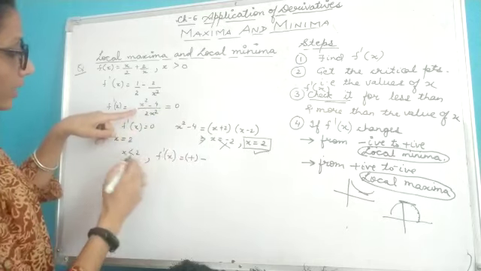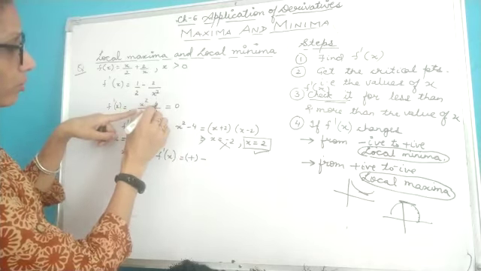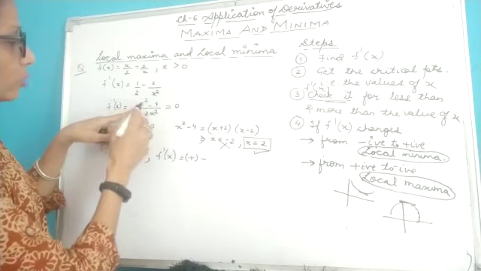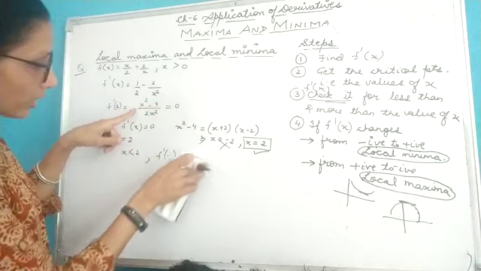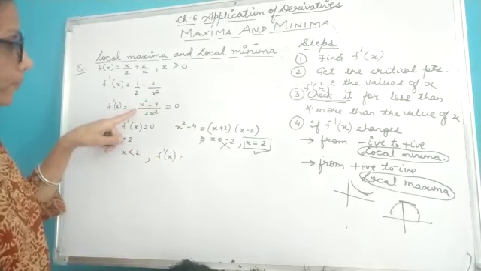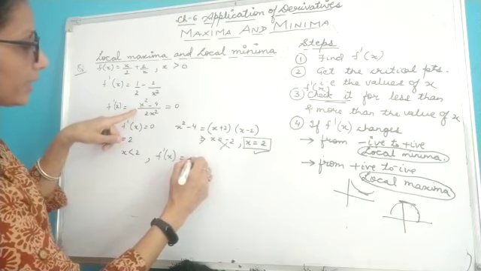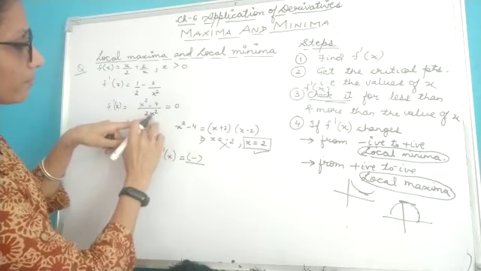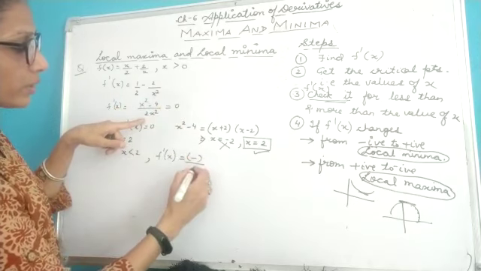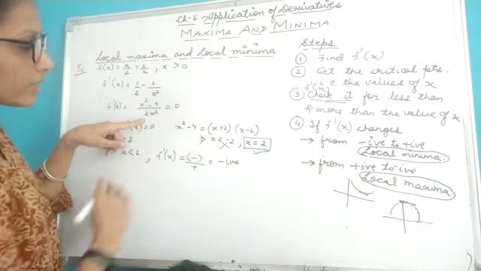Obviously this 4 is 2 square. If you take less than 2, it will give you a negative value. So this gives me a negative value above, and below it is a whole square, so it will give me a positive value. So it is in turn giving me a negative value.